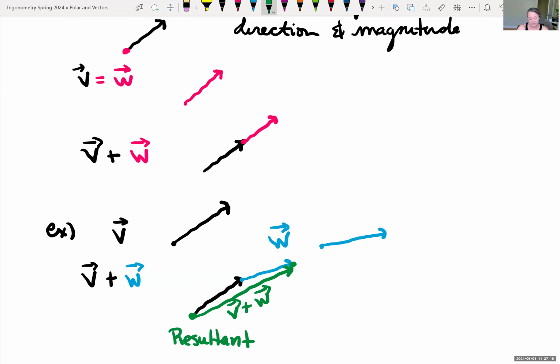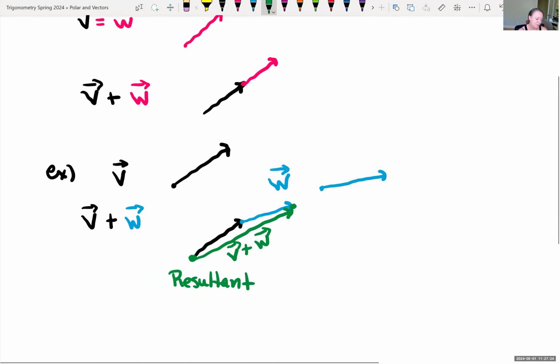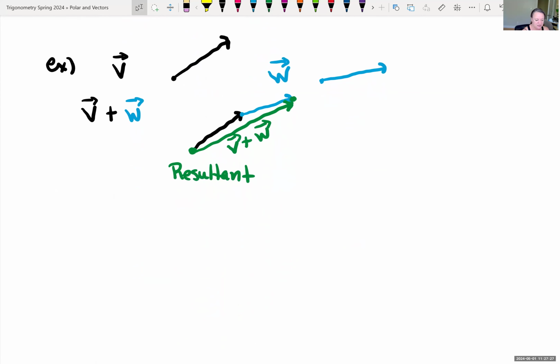Not all things are commutative, which means that if we add two things, it's not necessarily the same either way. It is true for real numbers, and it is true for vectors. So if I had started out looking at my w and then did plus v, it would be the same direction, and it's parallel.